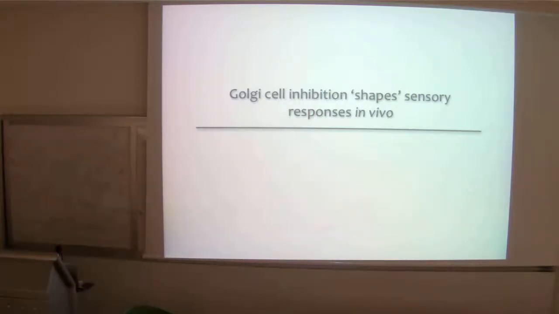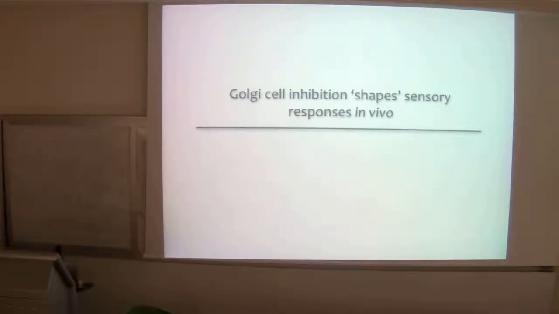Okay, let's get started on the second half. So we're going to focus, we've at least covered certain aspects of the importance of tonic inhibition on shaping how important or salient sensory information coming through granule cells is. Now we're going to switch to the other two modes of inhibition.